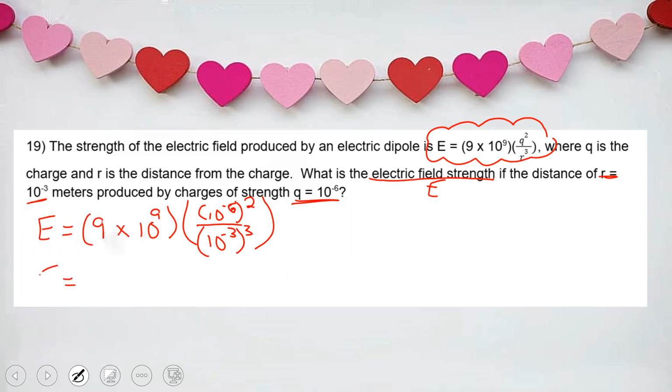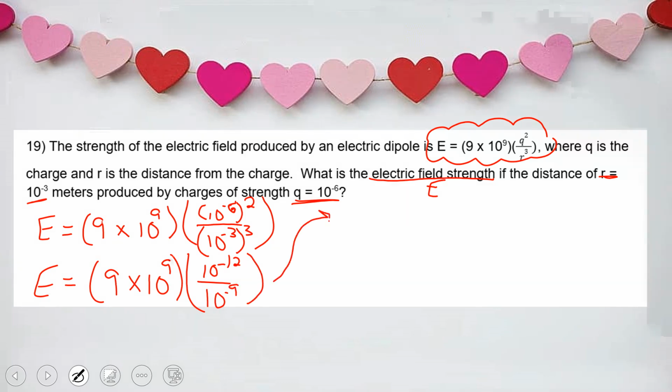So let's start cleaning it up. I'm going to focus on this second parenthesis set. I'm going to start simplifying it by order of operations. 10 to the negative sixth squared becomes 10 to the negative 12th. 10 to the negative third cubed becomes 10 to the negative 9th.